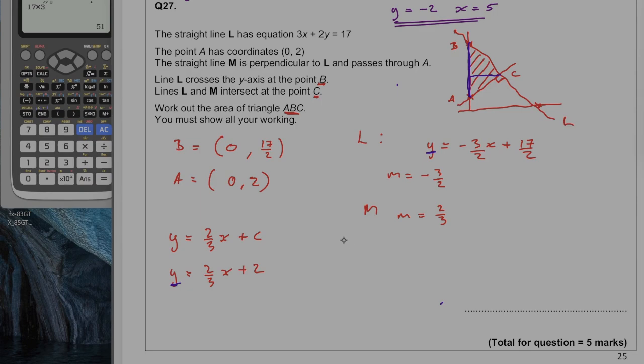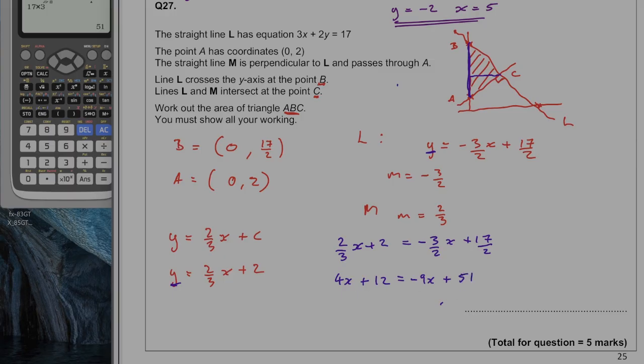So 2/3 of x plus 2 is going to be equal to minus 3 over 2 x plus 17 over 2. Right, I'm going to times through by 6 to get rid of my denominators here. So that's going to give me 4x plus 12 is equal to minus 9x plus 17 times 3, 51.